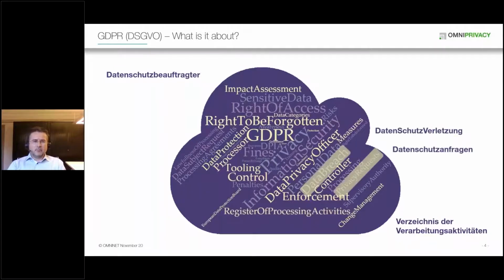Then you need a number of processes for respecting the different rights that the data subjects have, the Datenschutzanfrage, the privacy requests, and a process where you need to report data breaches, the Datenschutzverletzung. You need to have them in place, and by the way, those are time bound, so important as well.